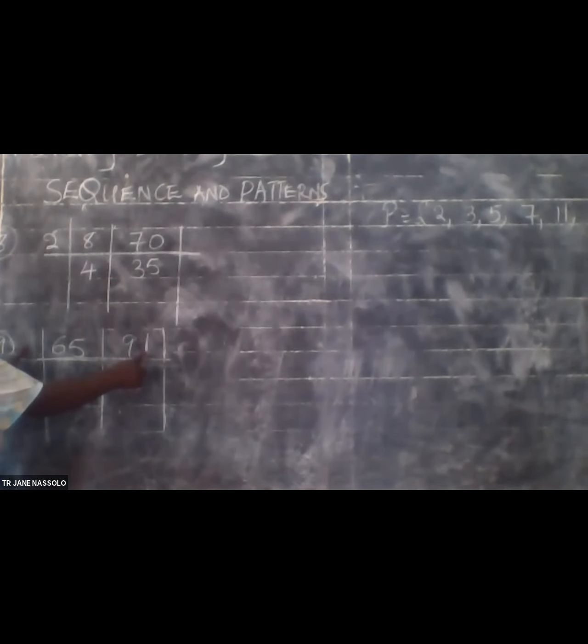We move to the next one, 5. Since the last digit is a 5, 65 is divisible by 5. But is 91 divisible by 5? No. A number can only be divisible by 5 if the last digit is either a 5 or a 0. Therefore, we don't find that to be a common factor.